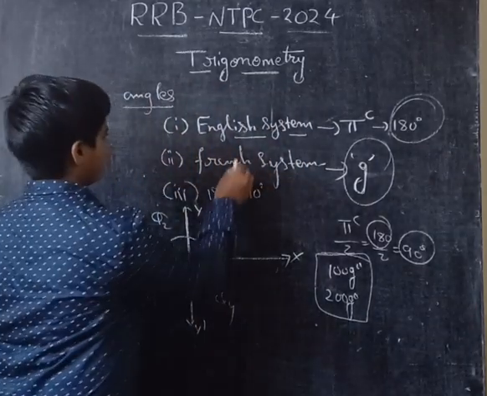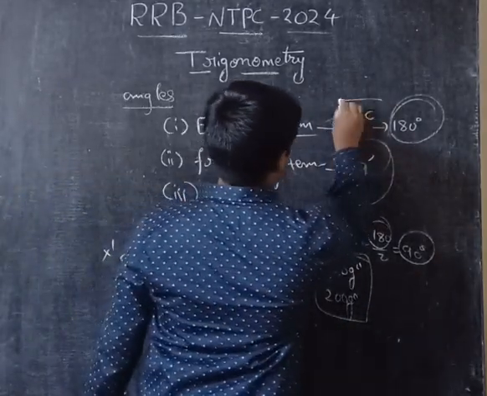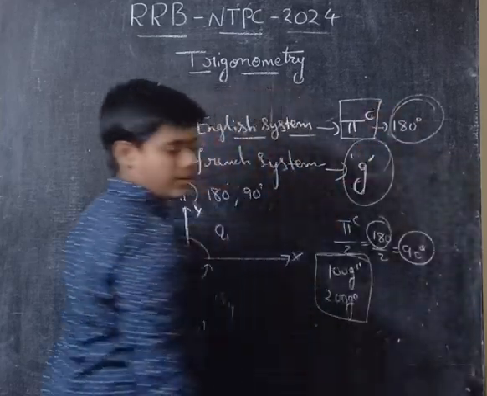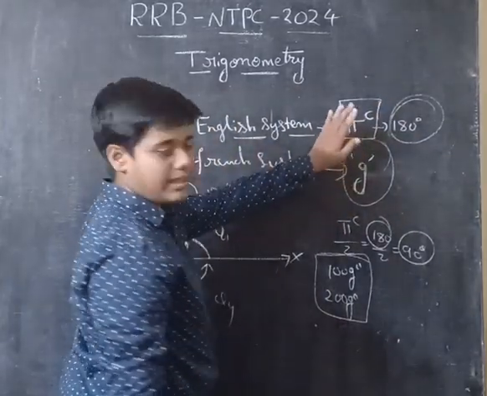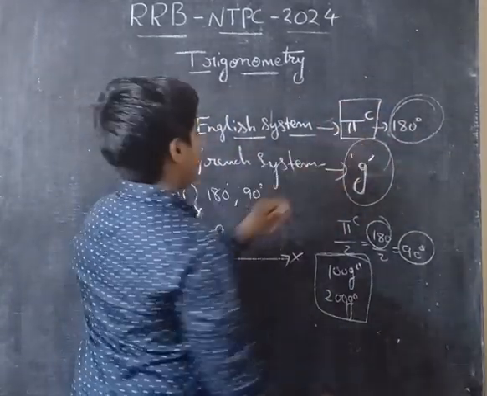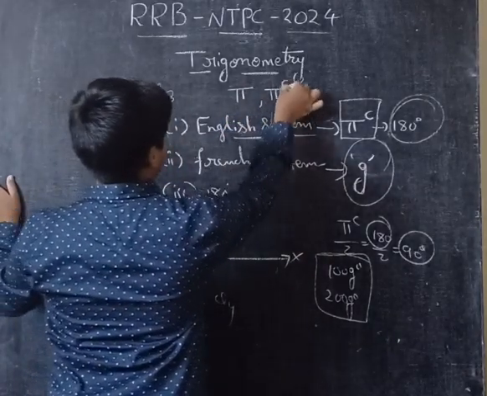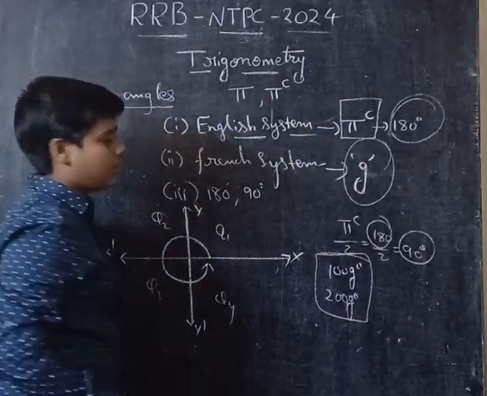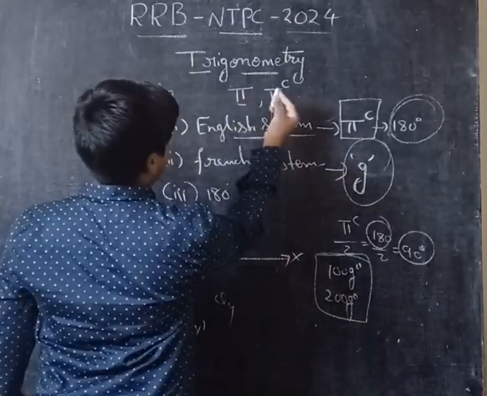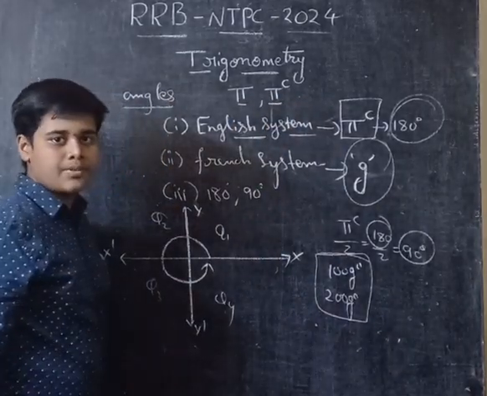The commonly used system is the English system because the notation is very simple. Very important: in examinations they will give pi or pi c. Both are the same. The pi value is 180, and pi c is also 180.